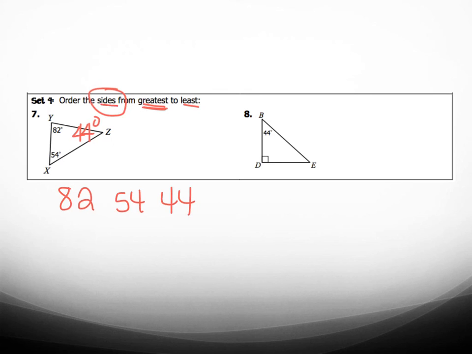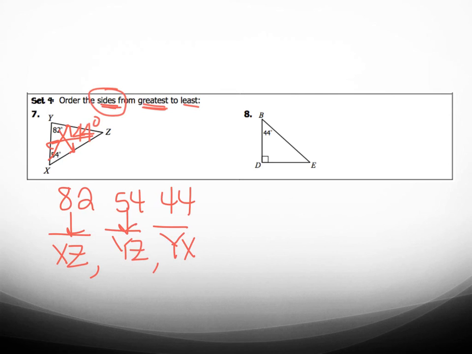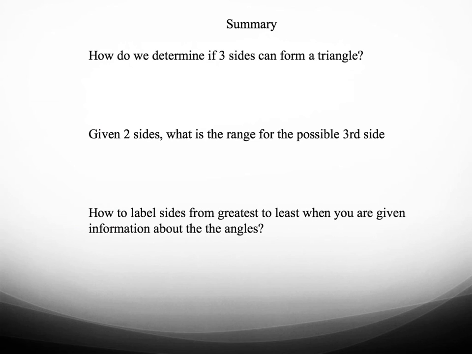We're listing sides, that's 2 letters. 82 is across from side XZ. 54 is across from side YZ. And 44, last but not least, is across from side YX. So we listed the sides in order from greatest to least.